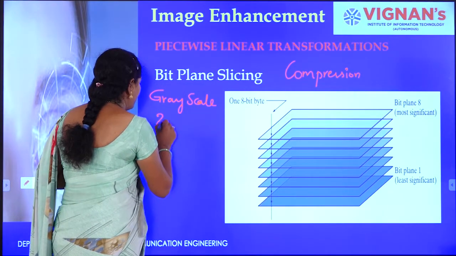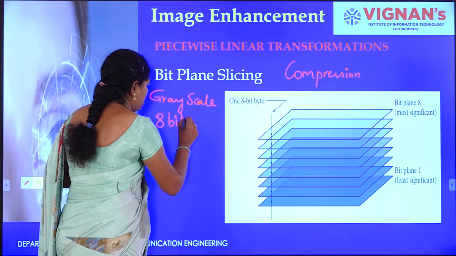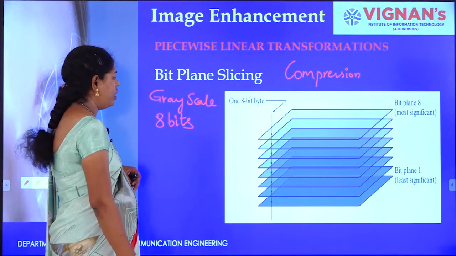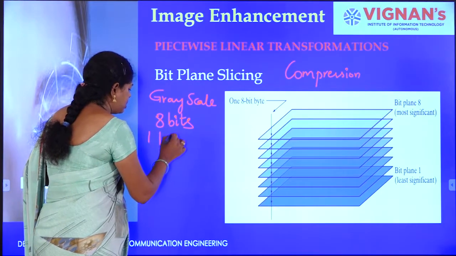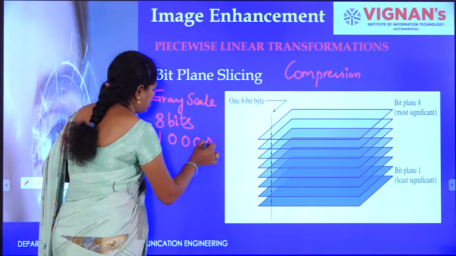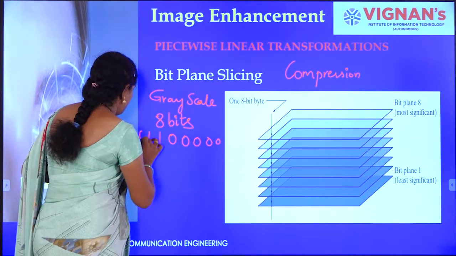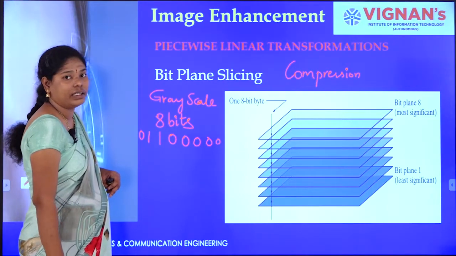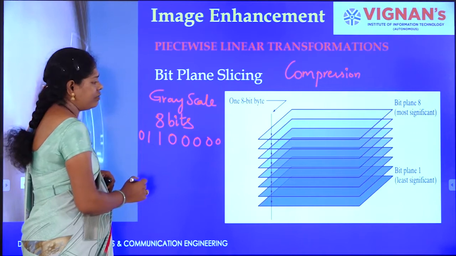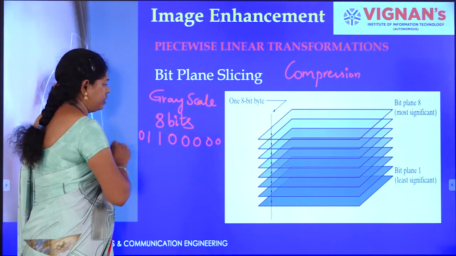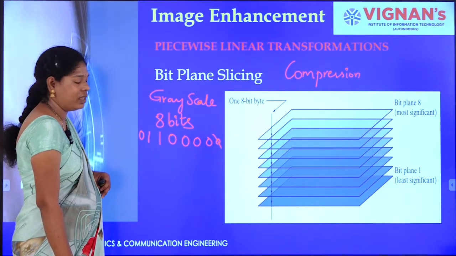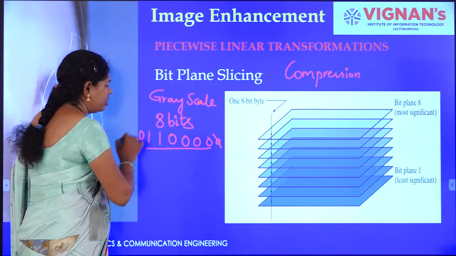We are representing the grayscale image with 8 bits. If the data is like this, if the particular pixel value is like this, and you remove the LSB, there is no effect on the value.